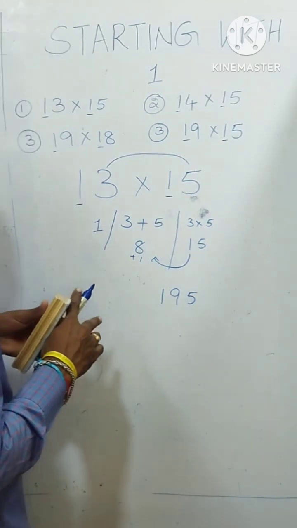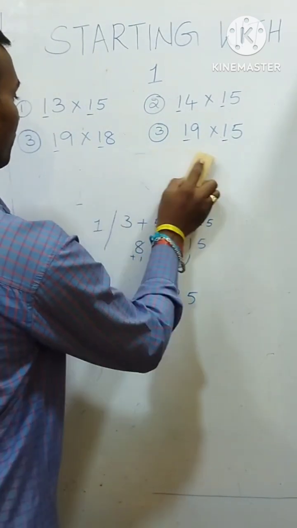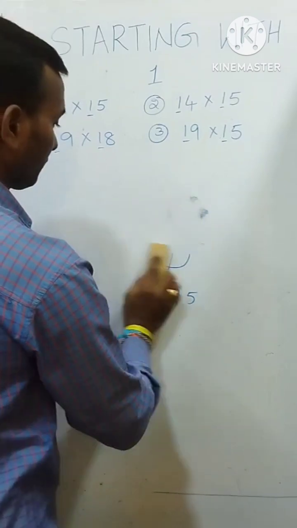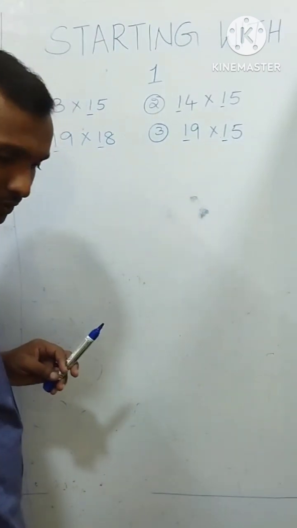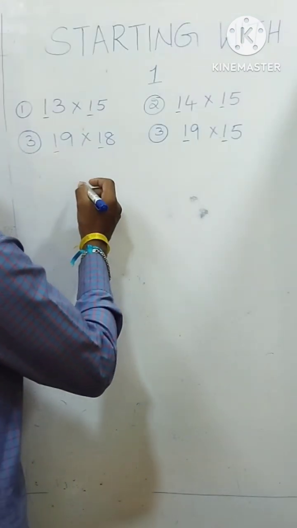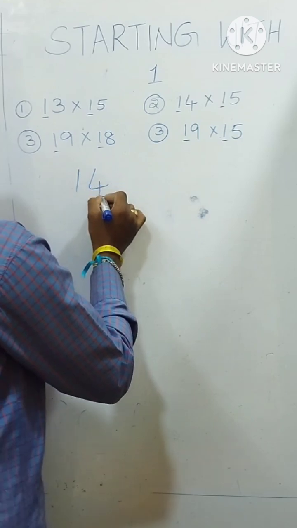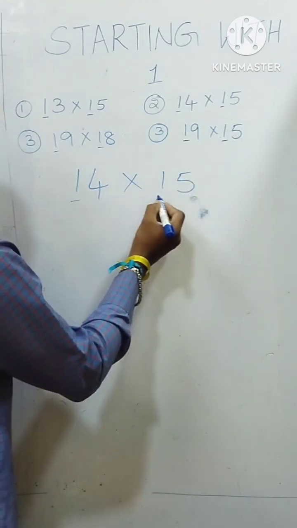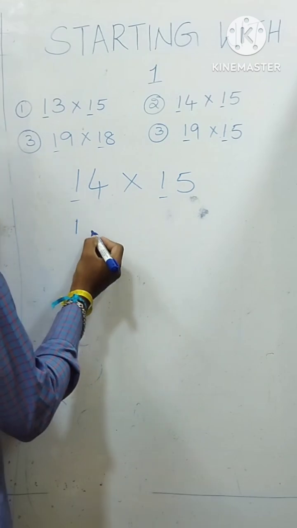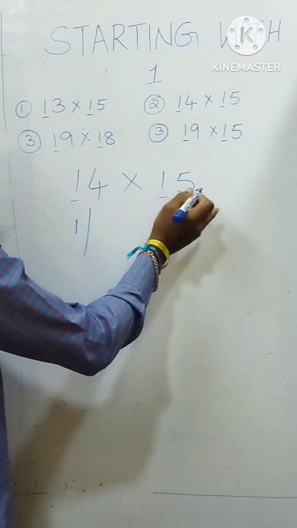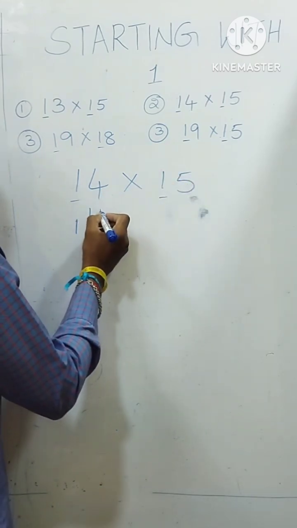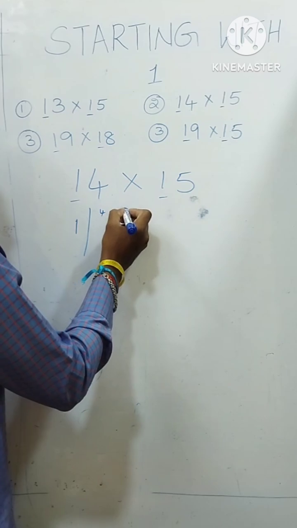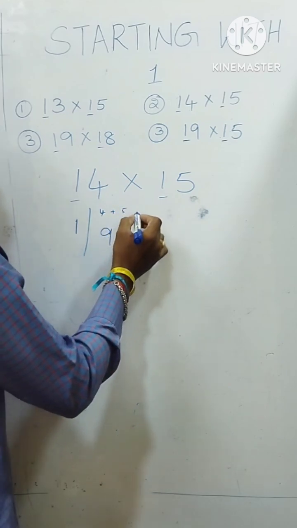Now we will see one more question. 14 into 15. 1 into 1, 1. In the middle, 4 plus 5. It becomes 9.